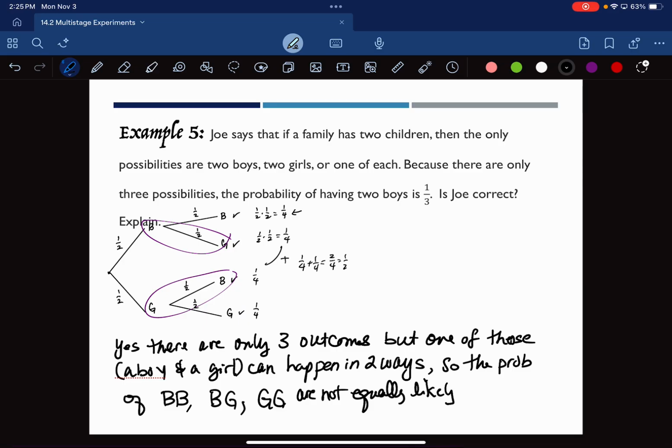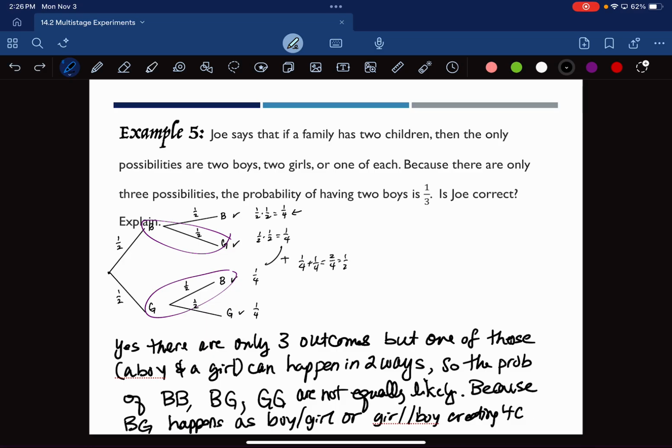You guys remember answering questions about whether things were likely or more than likely or not likely, right? These are not equally likely at the very least. Okay, they're not equally likely because boy-girl happens as boy-girl or girl-boy, creating 4 outcomes.